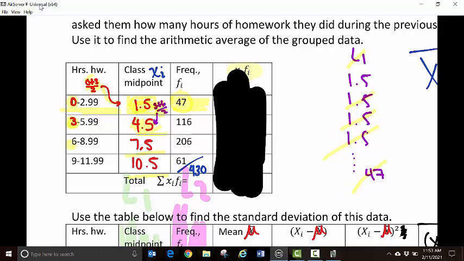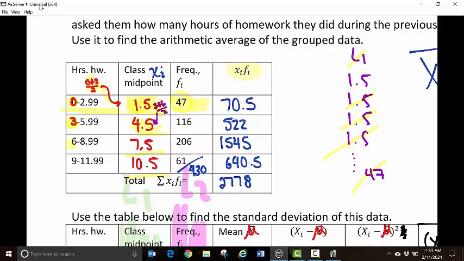So you're going to take a homework of 1.5, but that happened for 47 kids. So I'm going to multiply these two together, and that would be my value.